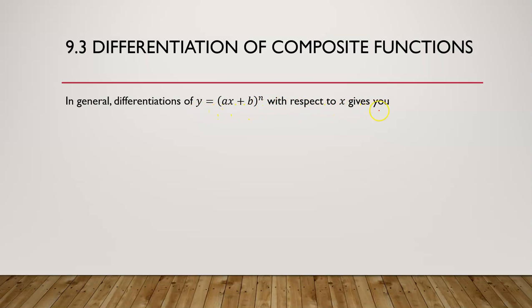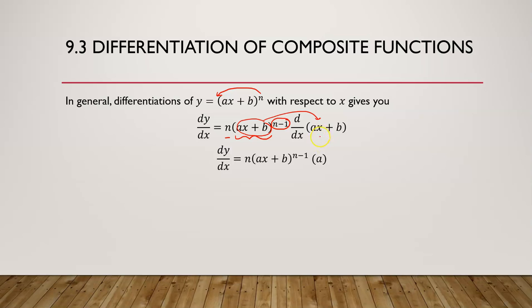What will happen when you differentiate this kind of equation with respect to x? The n power we will bring in front, so you will have this n, and then the whole bracket you will write it back, but the power will be n minus 1. And then inside the bracket we will differentiate with respect to x. So you will have n(ax plus b) power n minus 1 multiplied by a, because when you differentiate the one in the bracket, you will have only a because b is a constant.